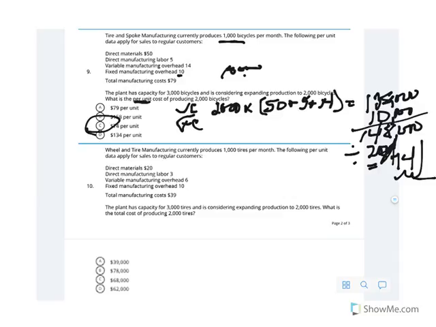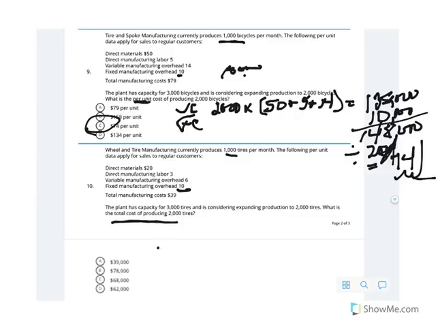Wheel and tire manufacturer currently produces 1,000. The following per unit costs: direct material, direct labor, overhead, fixed. Again, watch that fixed. Plant capacity for 3,000, considering 2,000. What is the total cost of producing? All right, looks like a similar question, but it's a little bit different.